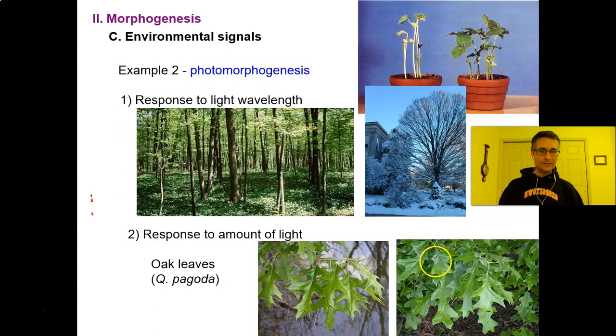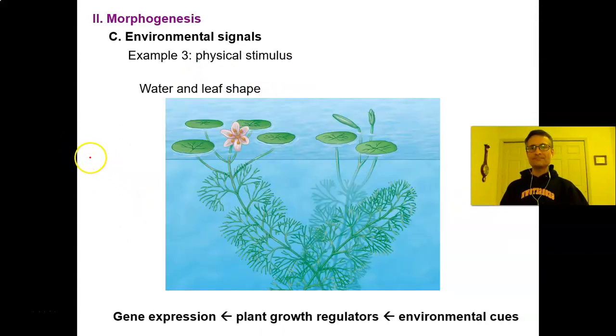On the other hand, leaves that are produced in less light, maybe closer to the trunk, are sort of more rounded, not as deeply lobed, and so this morphology helps them capture lower quantities of light than these leaves would be experiencing on the tips of branches. So both light quality and light quantity are important in photomorphogenic responses.